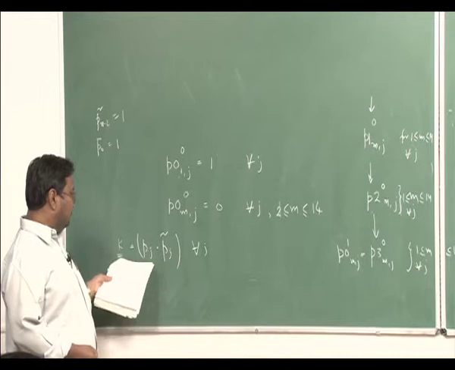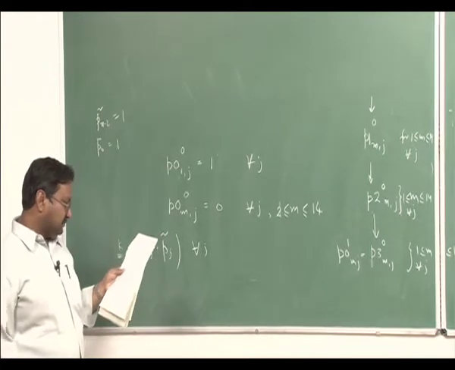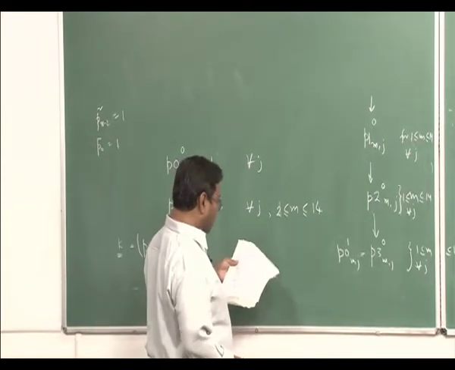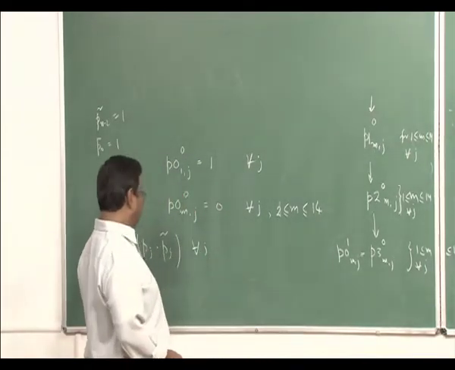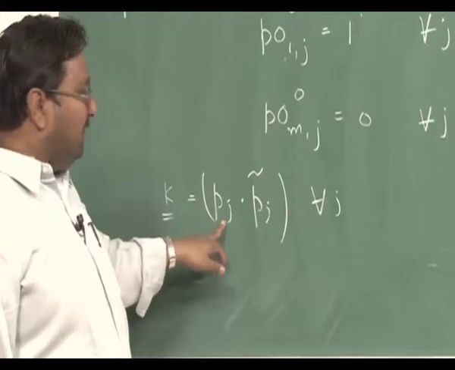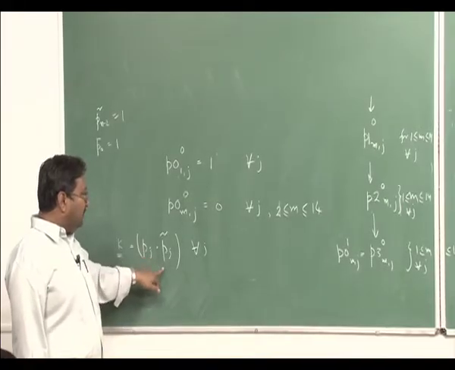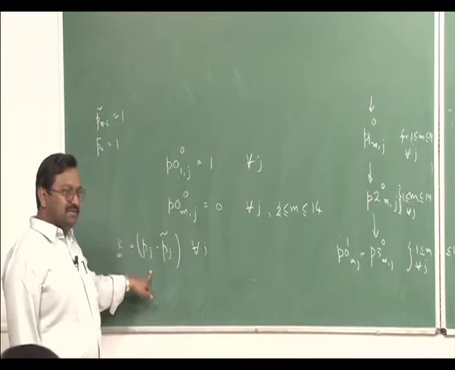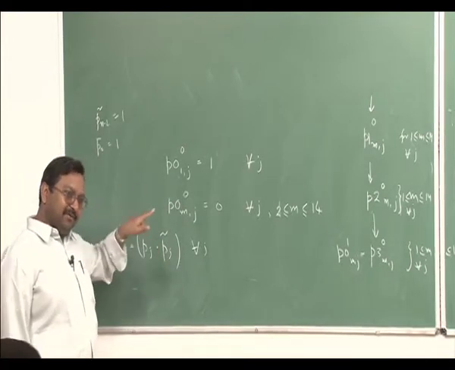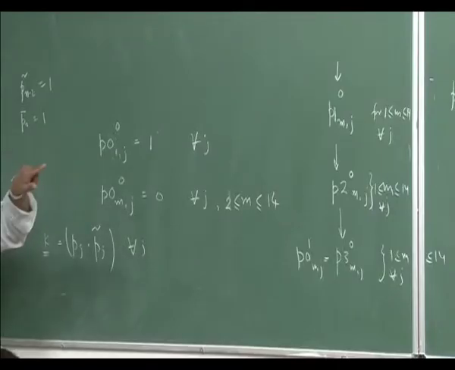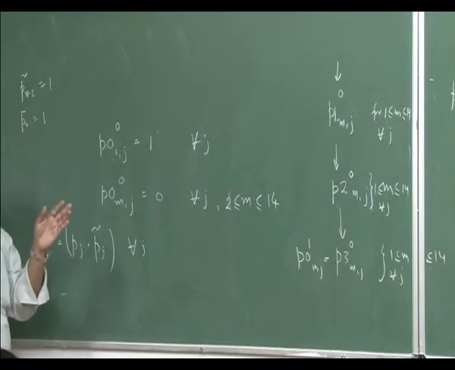For all j's, this has to become constant, and after this you can actually find out the throughput. So throughput will be what? Now remember, it is pj dot pj tilde that is going to be constant, but pj might be different across the switches. Pj will be different across the stages, because if the pj is higher, you will find pj tilde will be lower.